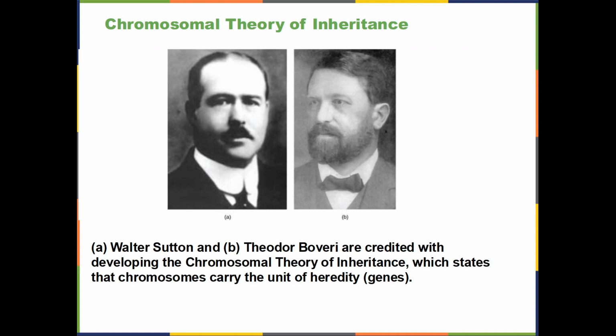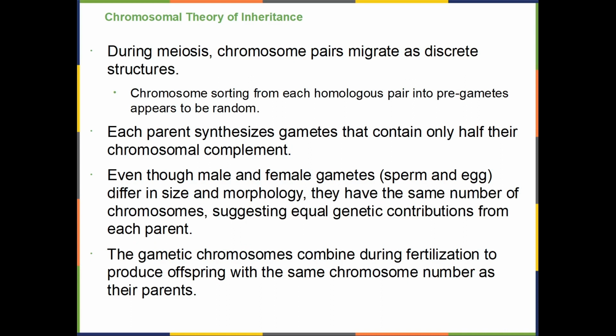Walter Sutton and Theodore Boveri are credited with developing the chromosomal theory of inheritance, which states that chromosomes carry the unit of heredity, genes. They found that during meiosis, chromosome pairs migrate as discrete structures.